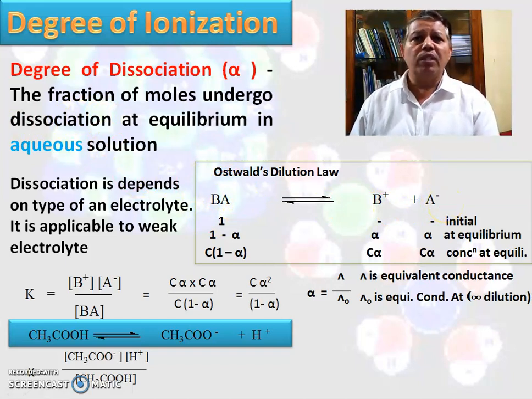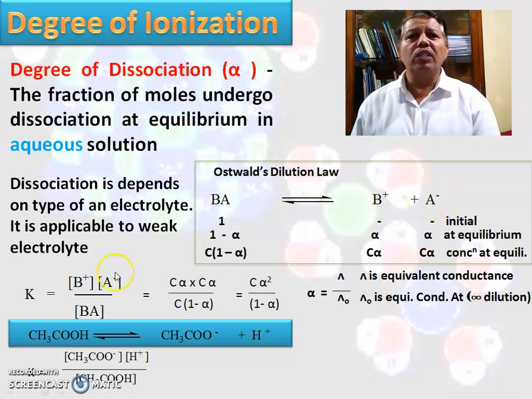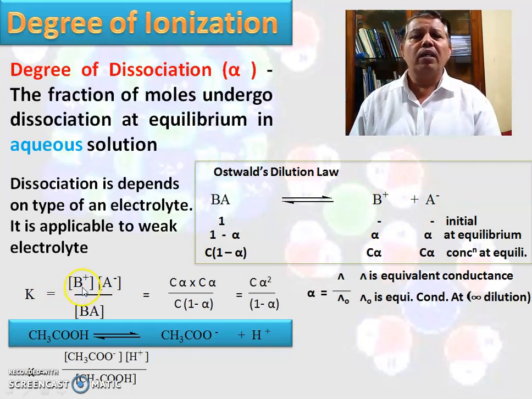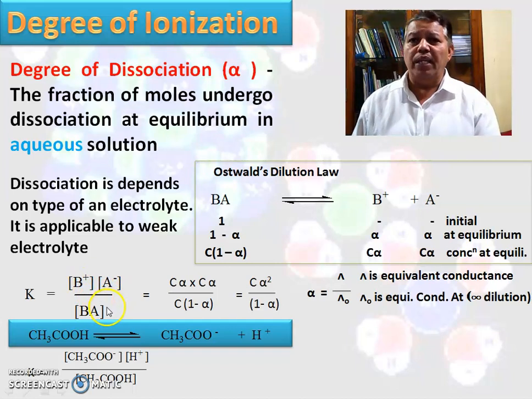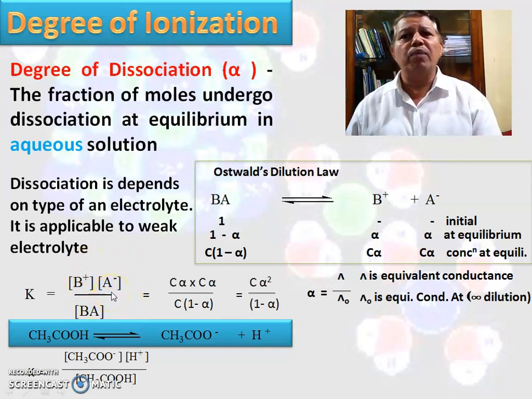With respect to the equilibrium constant, K is equal to the concentration of B+ into the concentration of A- divided by the concentration of BA. From this ratio we can find the equilibrium constant.